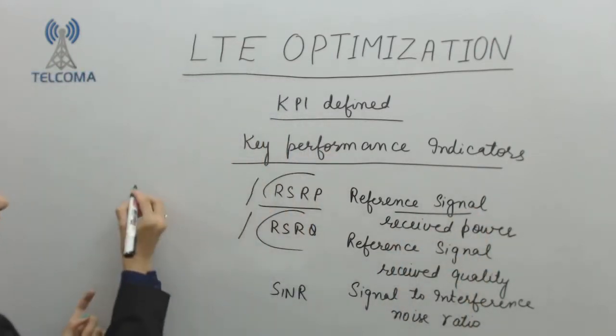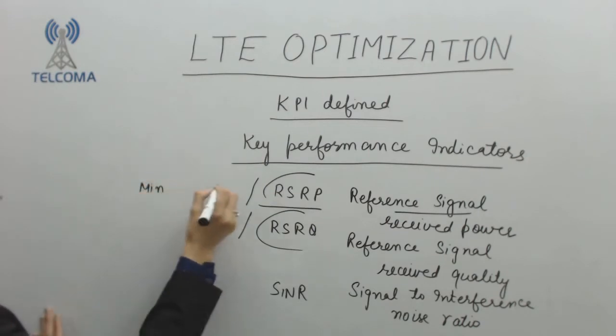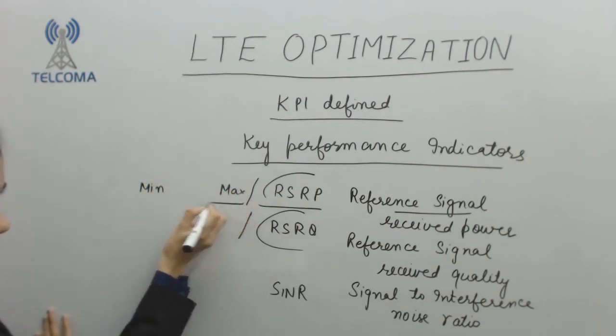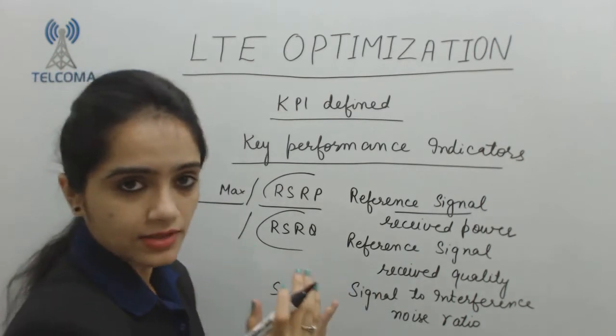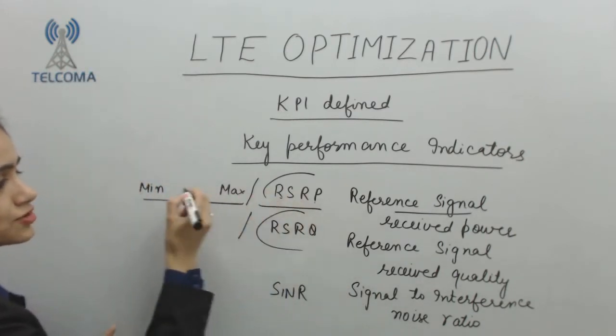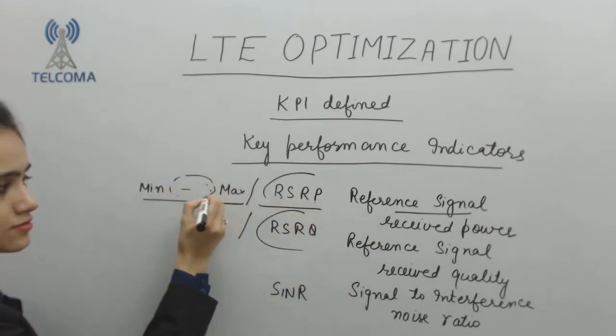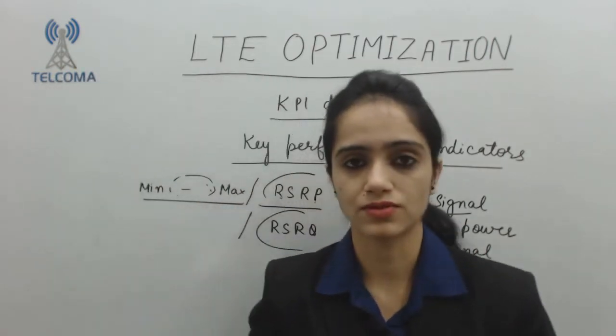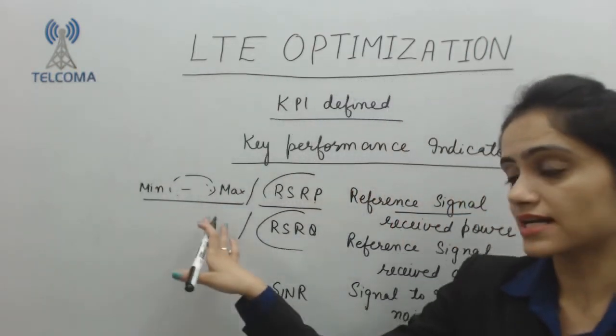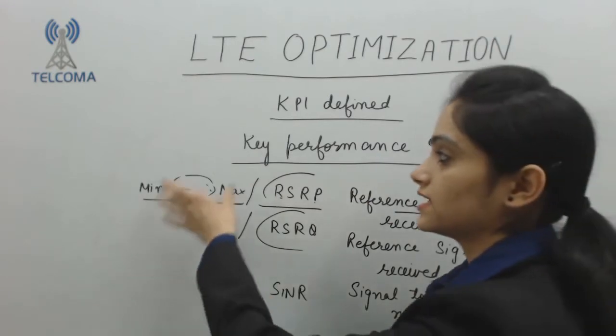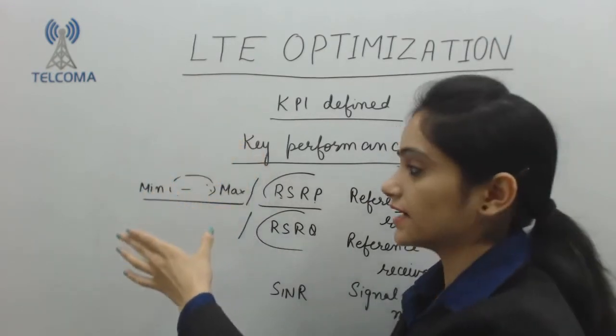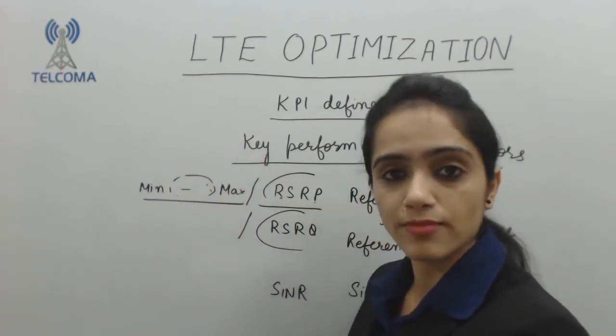Now for KPIs we have defined the minimum and the maximum values, and my RSRP value should range between these minimum and maximum values. These minimum and maximum values are my key performance indicators that will judge my radio network performance.